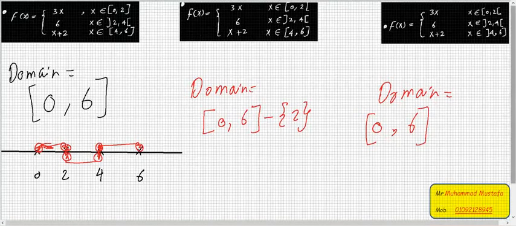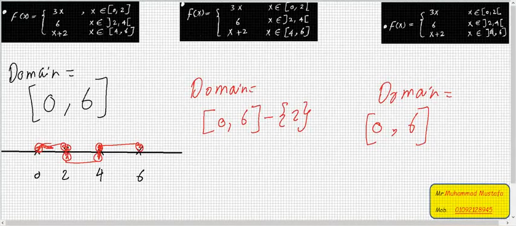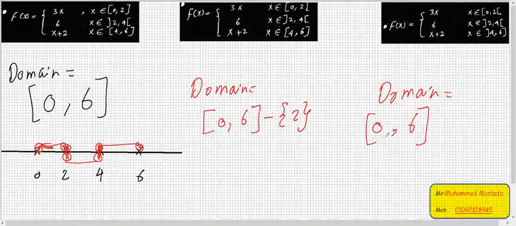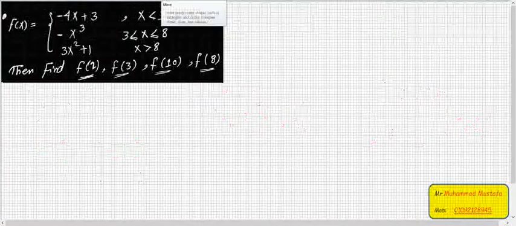Look about 2, here open and here open. That means that 2 is outside the domain, and also 4 doesn't belong here and doesn't belong here. That means that the domain of the function is from 0 to 6 except 2 and 4. 2 and 4 are outside the domain of the function.